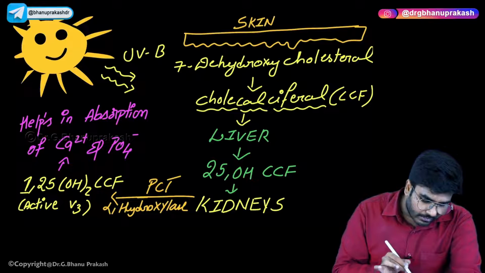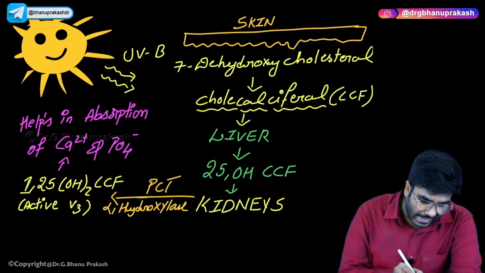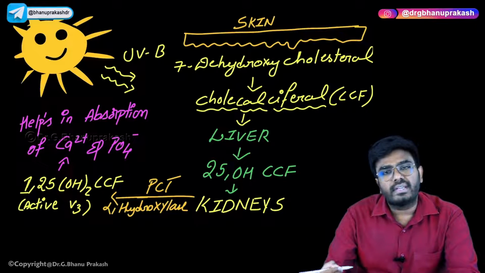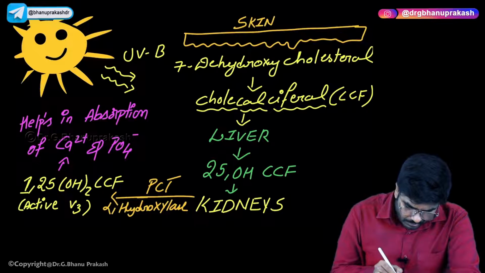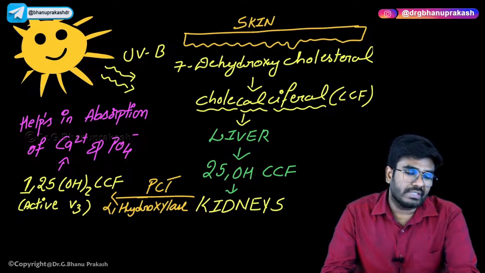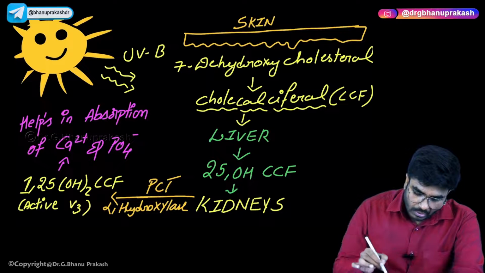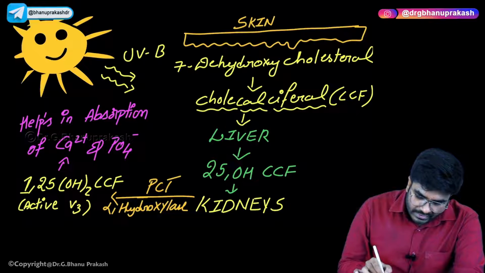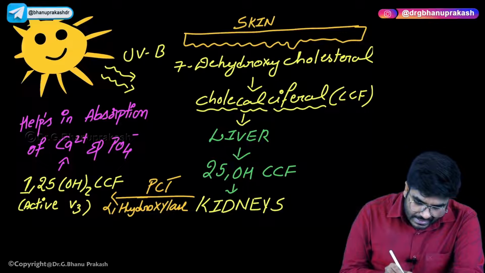Now this 1,25 dihydroxy cholecalciferol is the real vitamin D. So it's the active form of vitamin D3. Okay, active vitamin D3. So this is what's happening in the PCT of the nephron. But the important MCQ is that this very important step in the PCT is under the control of an enzyme known as alpha-1 hydroxylase.